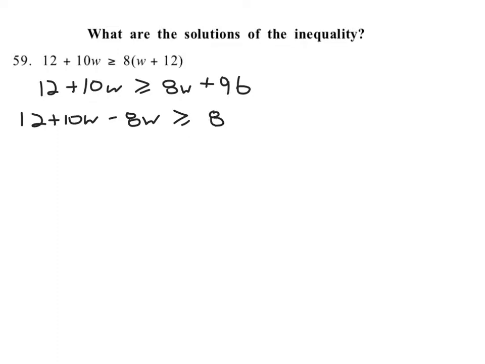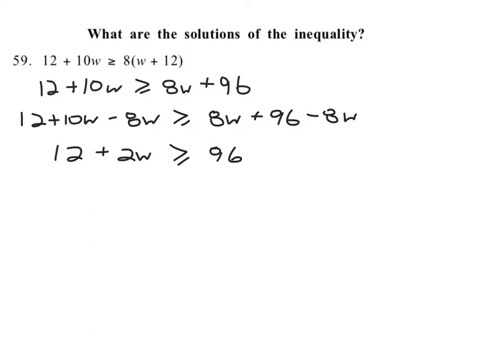Okay, 8W plus 96 minus 8W. The whole idea of that was I want to do the opposite of that to cancel it out, the inverse operation. So we've now got 12 plus, combining like terms here, 2W greater than or equal to, and only the 96 is left on this side.